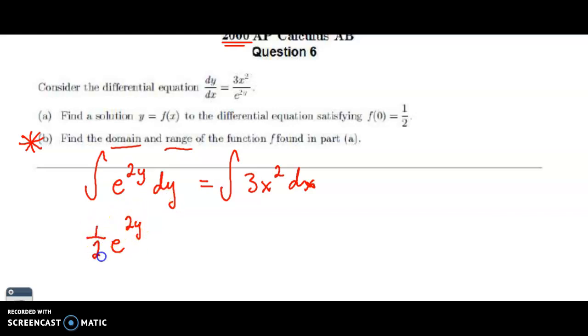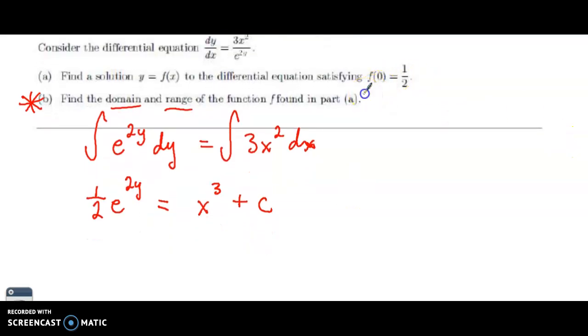So it makes sense to divide by that. And in this one, add 1 to your exponent, divide by your new exponent, plus c. So again, this should get you 2 points. So a point up here, a second point, and a third point for the correct antiderivatives.